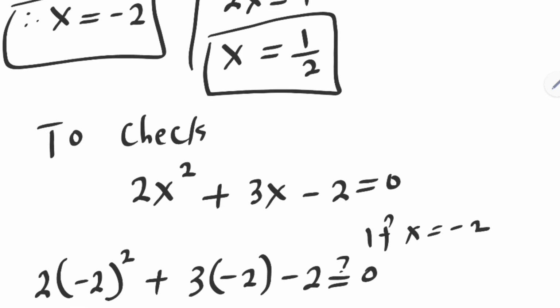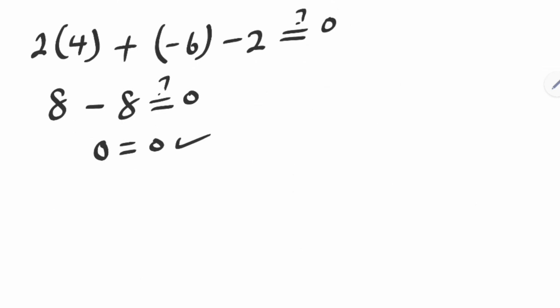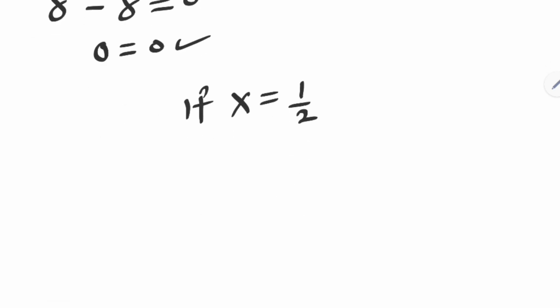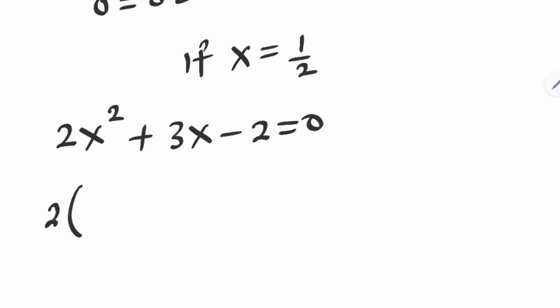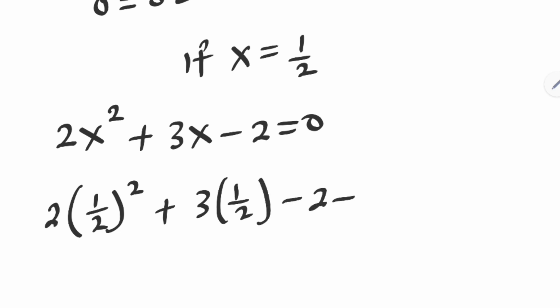Let us consider this. If x is equal to 1 over 2, we have 2x squared plus 3x minus 2 is equal to 0. Then 2 bracket 1 over 2 squared plus 3 bracket 1 over 2 minus 2 must be equal to 0.